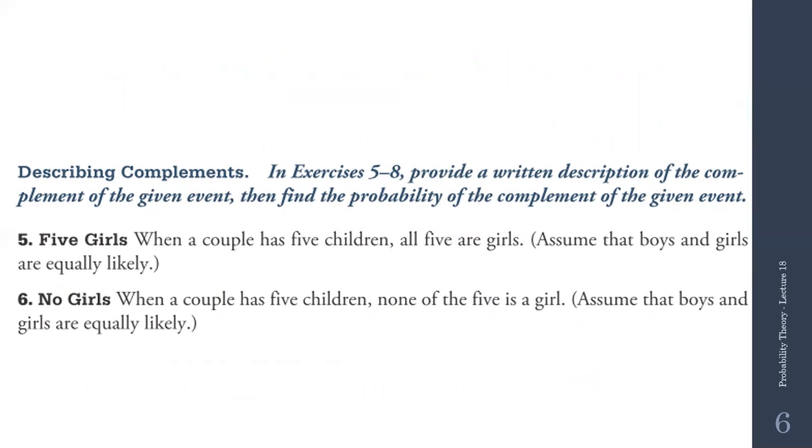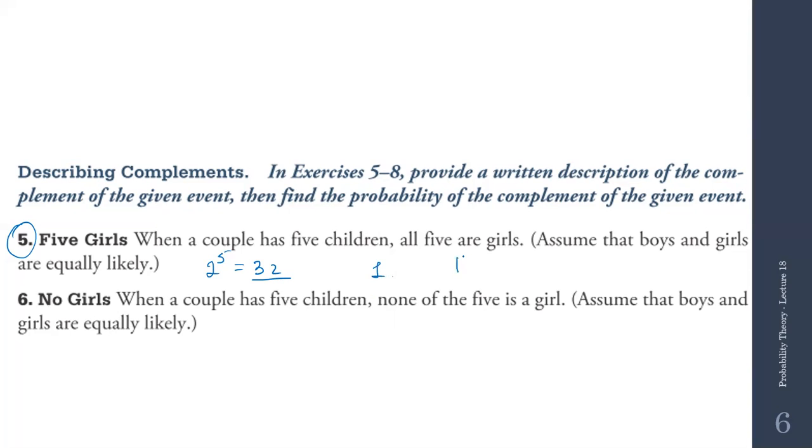Describing complements. We need to write the complement of the event. The exercise, 5 girls. When a couple has 5 children, all 5 are girls. So 5 children. We have 2 types of genders, boy and girl. 2 to the 5 gives us 32. So all the possible ways, 32. Times they can have all 5 girls, just one.